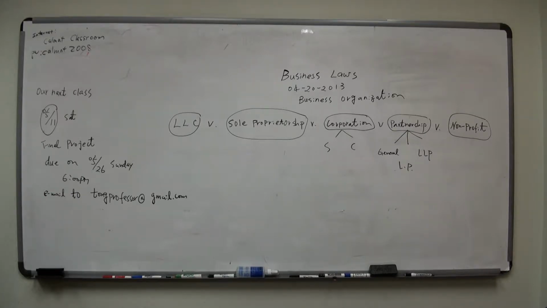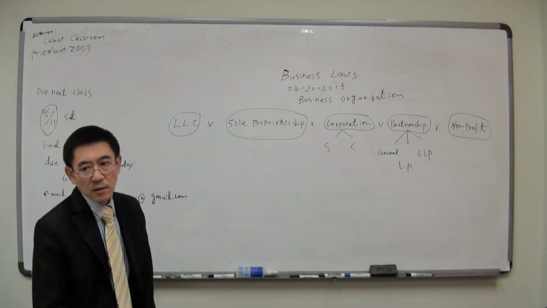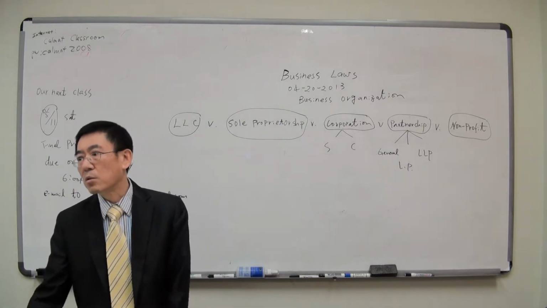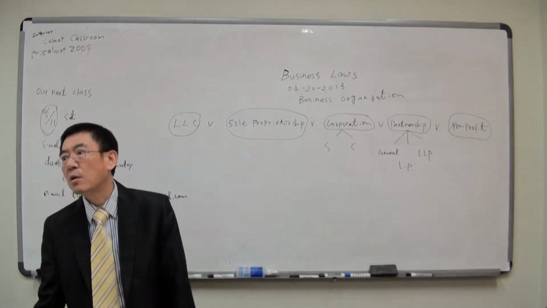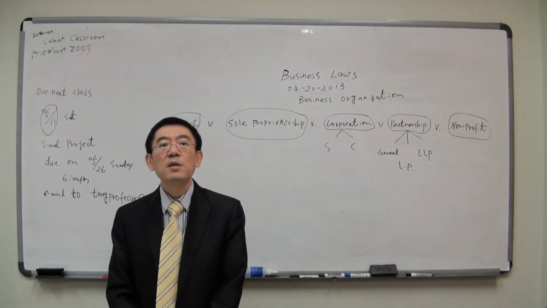We did not talk about it. But anyway, my suggestion is if you're running a small business, okay, when I say small business, usually I mean gross sales under $1 million every year. You're running your small business, your personal business.